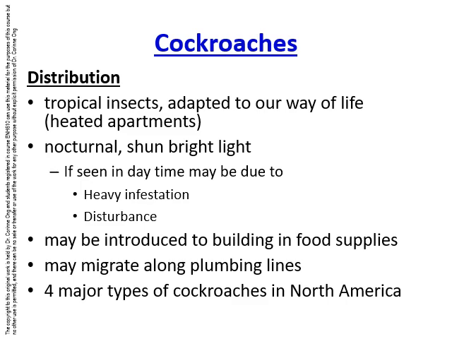They may be introduced into the environment through food supplies that have been delivered to that particular facility. And because they're so small, they probably have gone unnoticed. Sometimes, though, they may migrate along plumbing lines from other parts of the facility or other buildings. There are 4 major types of cockroaches in North America, and we'll go through them in a minute.